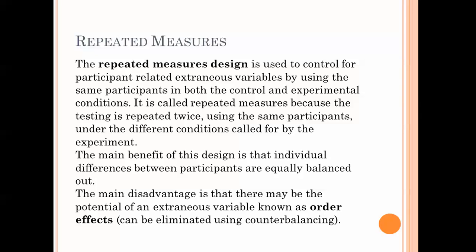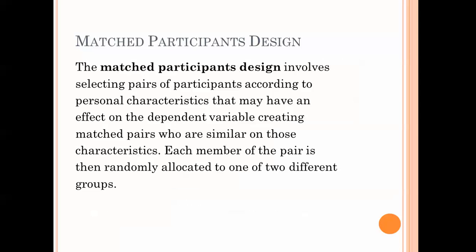Matched participants design, this is where we keep participants in separate groups, but we try to match them on key characteristics. So perhaps you might have someone in group 1 that has an IQ of 120 who is female. That means that you would have to have someone who's female in group 2 with an IQ of 120. And each person you would try to match on a key characteristic that you think may affect the experiment.